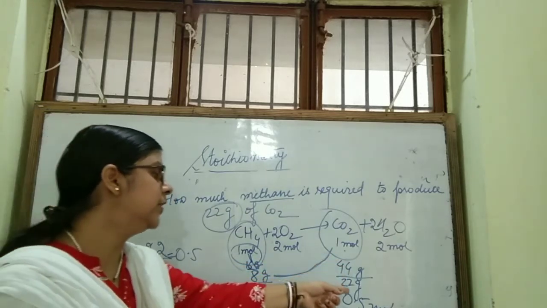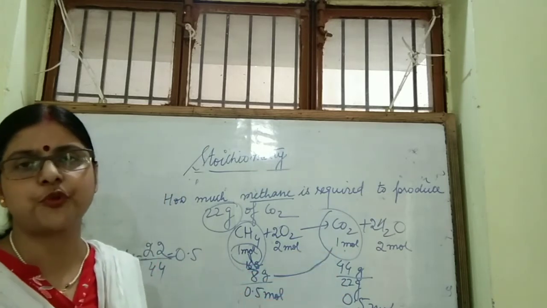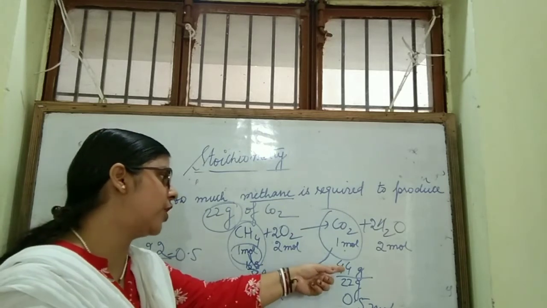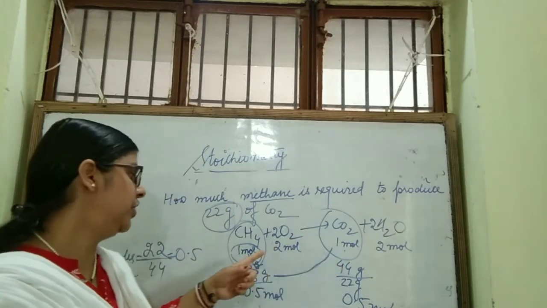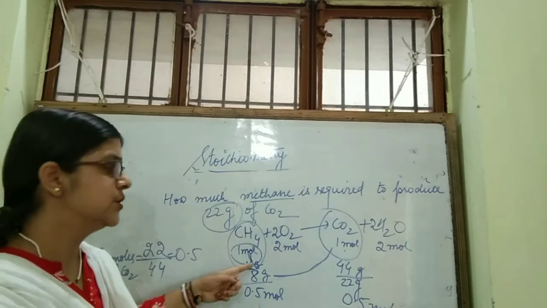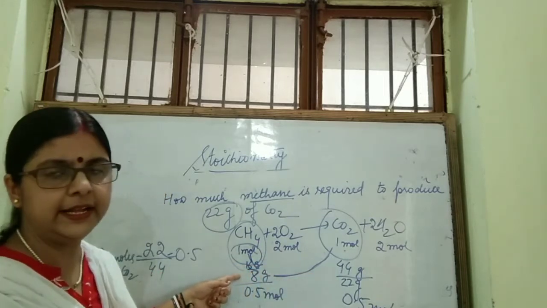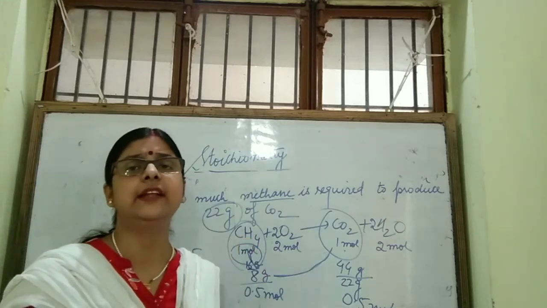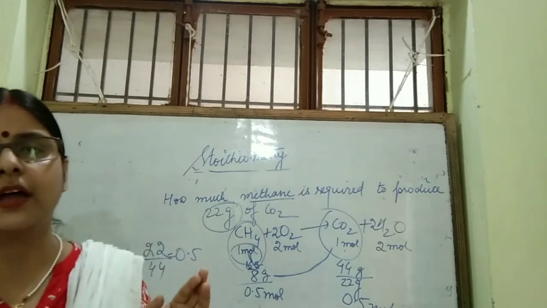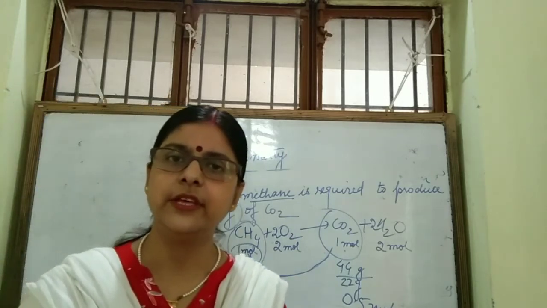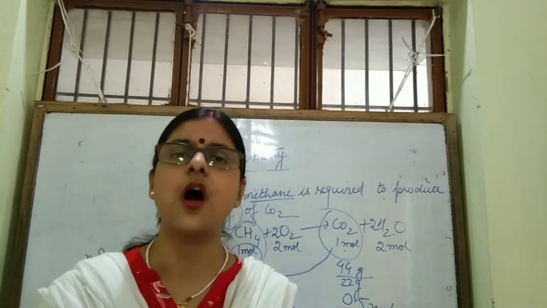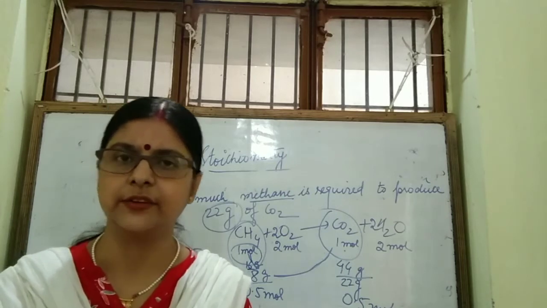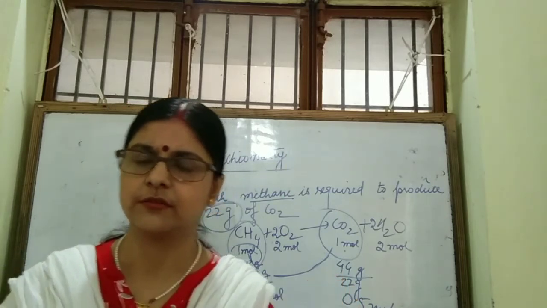Now 22 gram carbon dioxide will be produced from how much methane? For 44 gram carbon dioxide we require 16 gram methane, so for 22 we will require 8 gram. So easily, by writing the balanced chemical equation, we can calculate the reactants or products required if other things are given for a particular reaction.